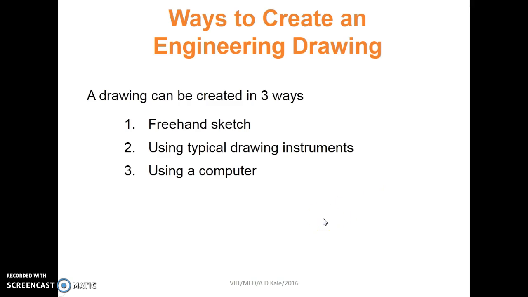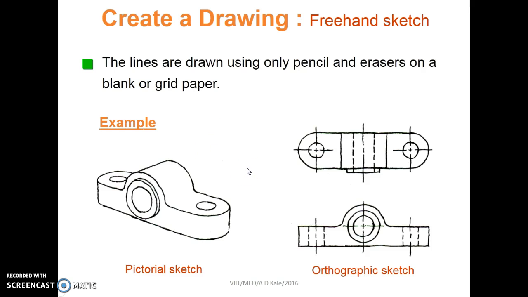There are three ways to create or produce an engineering drawing. One is the freehand sketch, another is by using the drawing instruments, and third is by using the computer. In this course, we are going to use the various drawing instruments to draw precise and neat drawings.